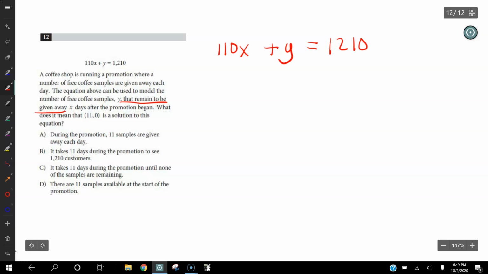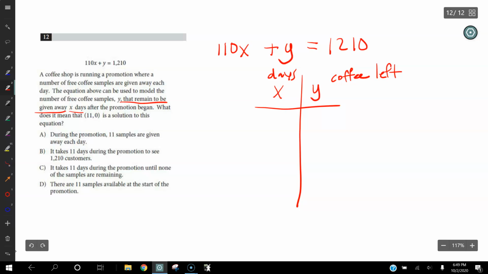So y is how many are left, and x is the days. So I'm going to make a little table, and y is the coffee that is left. That word left is going to be important here. And x is the number of days the promotion has been running.